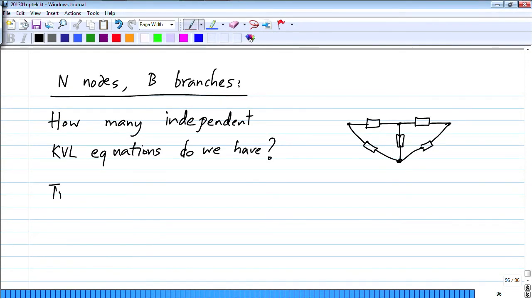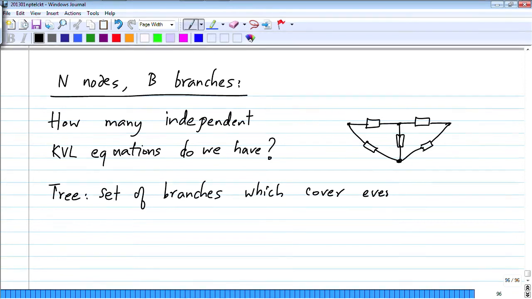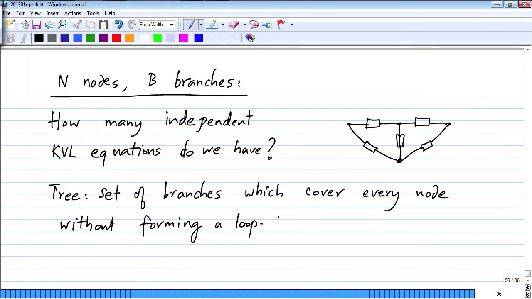So a tree is a set of branches, that is, out of all the branches we have in the circuit, we will choose a set of branches which cover every node without forming a loop.